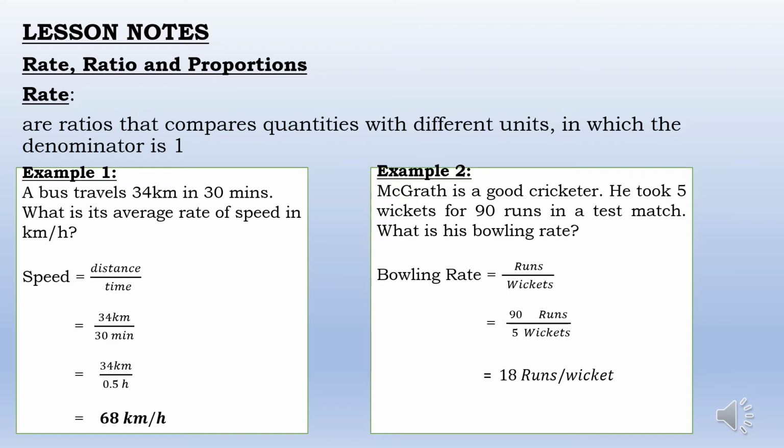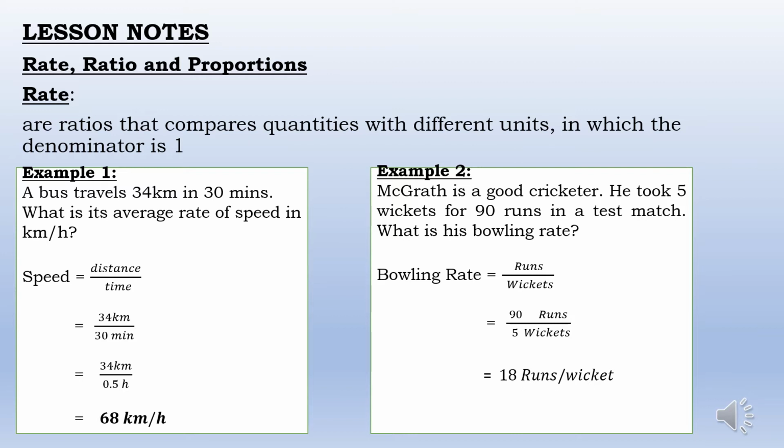In our next step, we have to keep in mind the distance will be in kilometers and time will be in hours. So 34 kilometers divided by 0.5 hours. 30 minutes is equivalent to 0.5 hours, which gives us 68 kilometers per hour.